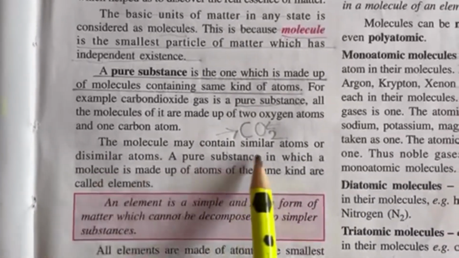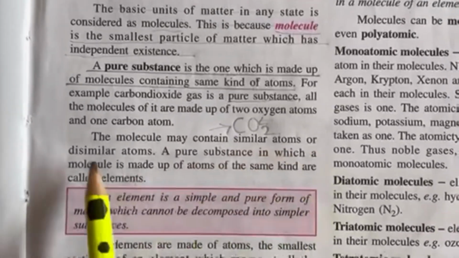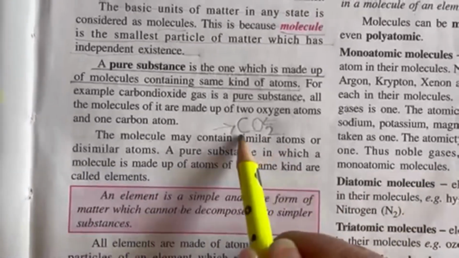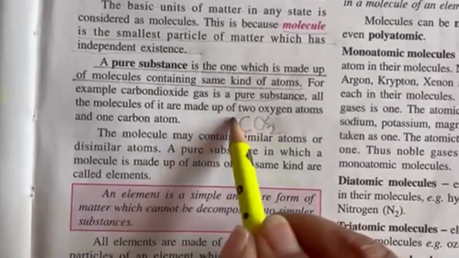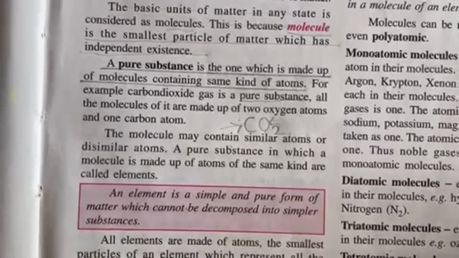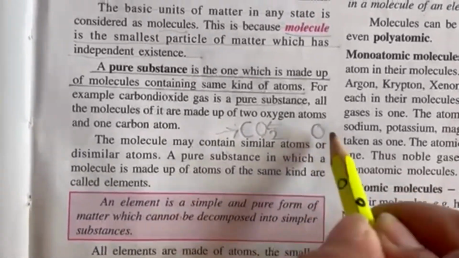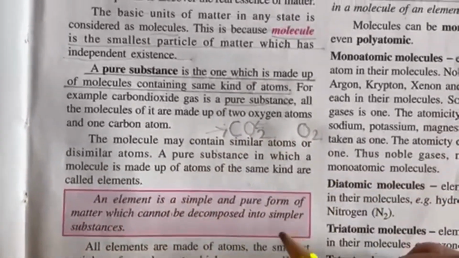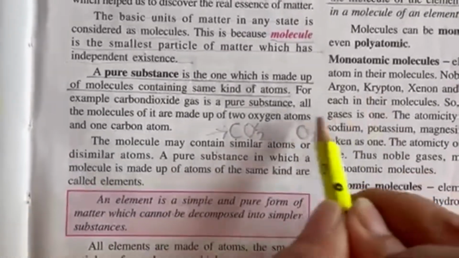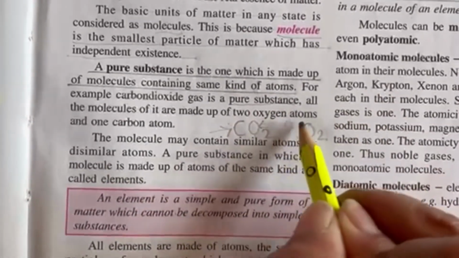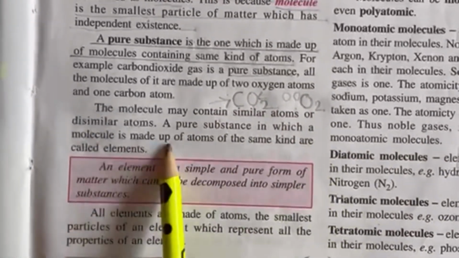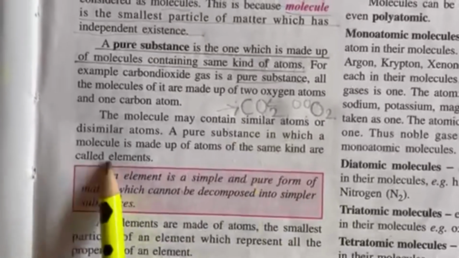Now, the molecule may contain similar atoms or dissimilar atoms. Carbon dioxide has dissimilar atoms, carbon C and oxygen O. If we are talking about a molecule of oxygen, O2, that means oxygen is made up of two similar atoms, that is O and O. So, a pure substance in which a molecule is made up of atoms of the same kind is called an element.